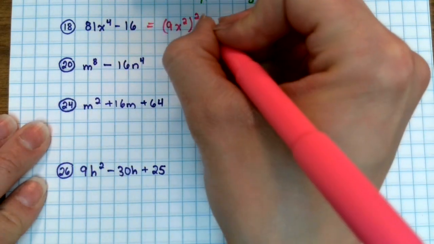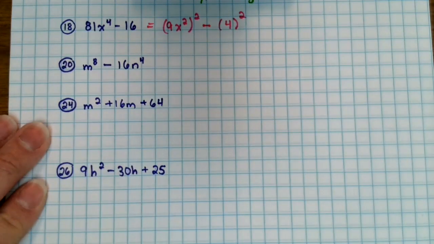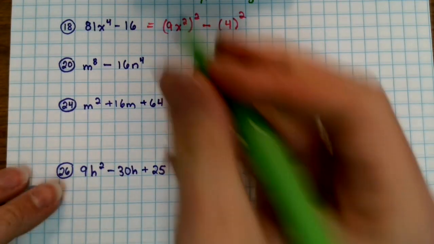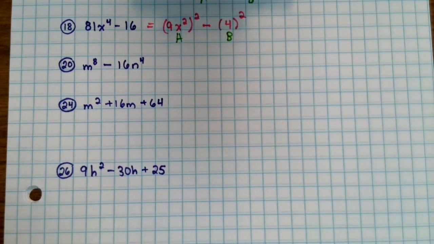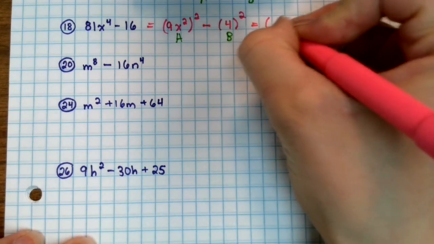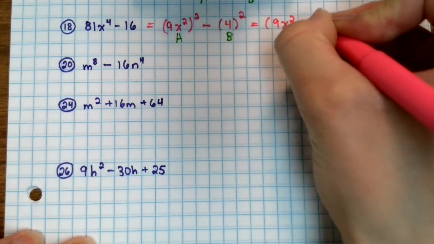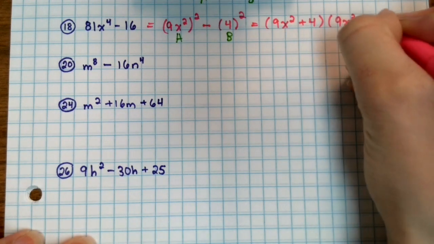And then 16, so a minus, and then this will be 4 squared. So our a value is 9x squared, and our b value is 4. So this is going to factor into, again, a plus b times a minus b. So we'll have 9x squared plus 4, multiplied by 9x squared minus 4.